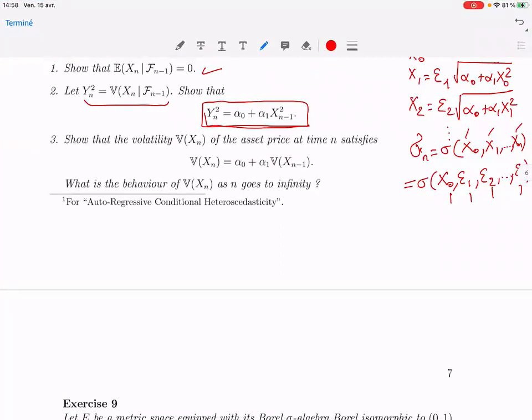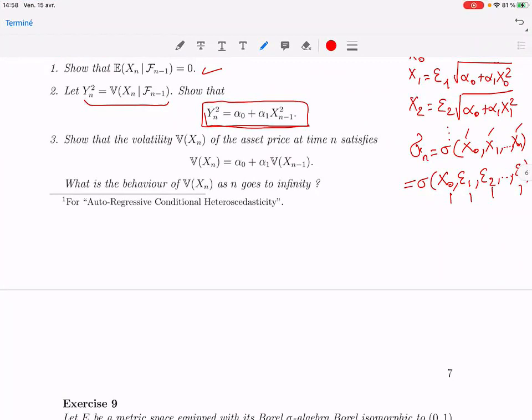It represents the risk of fluctuations, it is a measure of the fluctuations of the prices. So it is something that represents the risk that you have in the evolution of the prices of your financial market.